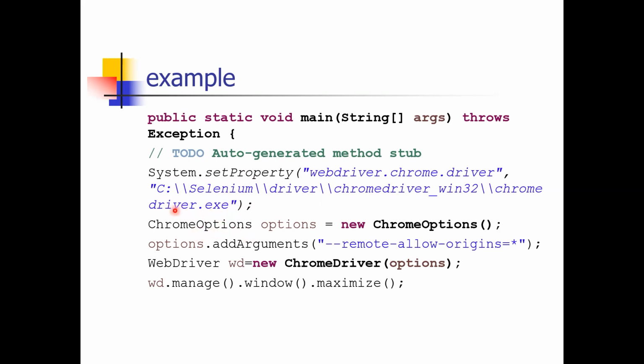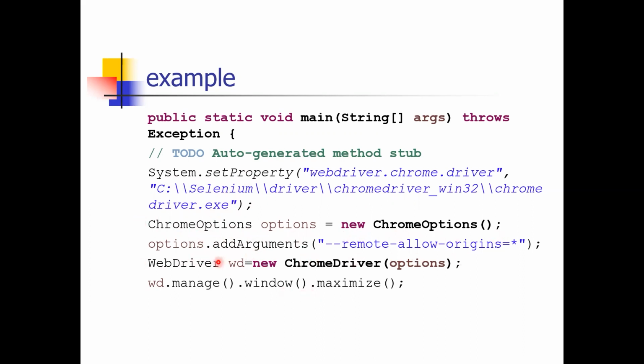This Chrome option is for ignoring any disturbance so that the URL is not blocked from opening. This is a bug in the latest version, so we have to add this argument under the Chrome options: ChromeOptions options equals new ChromeOptions, and options dot addArguments remote-allow-origins.